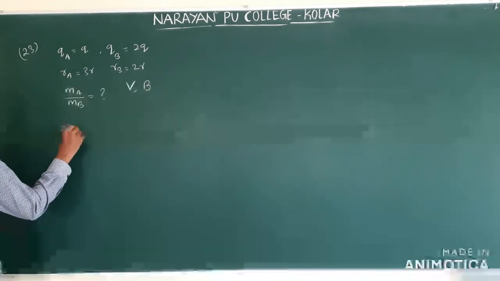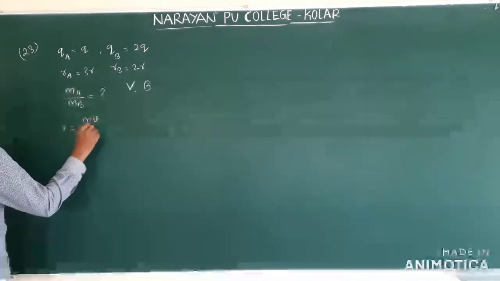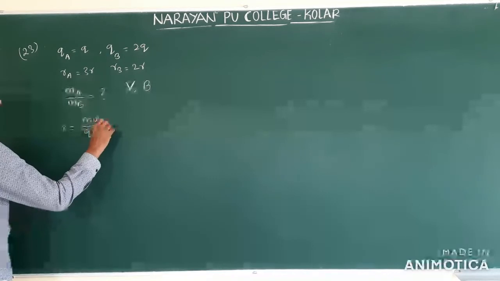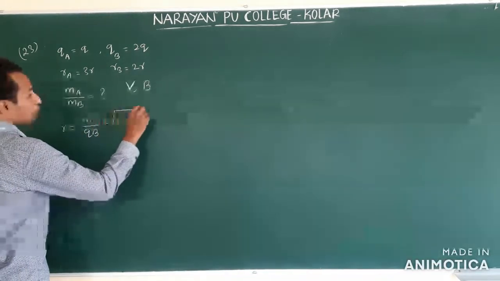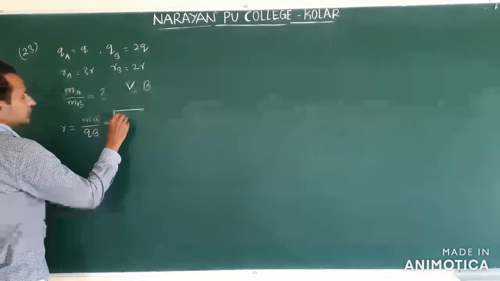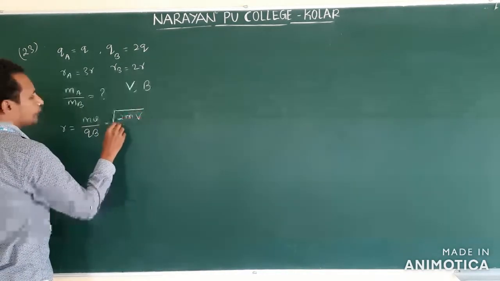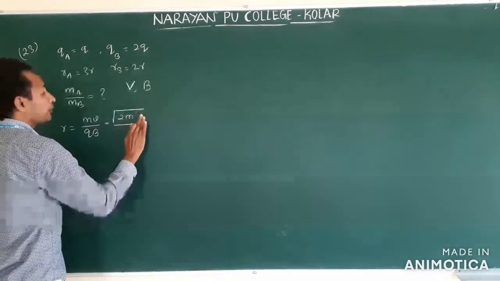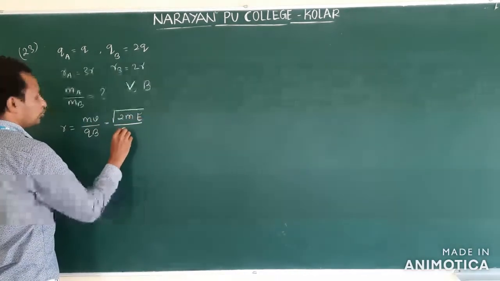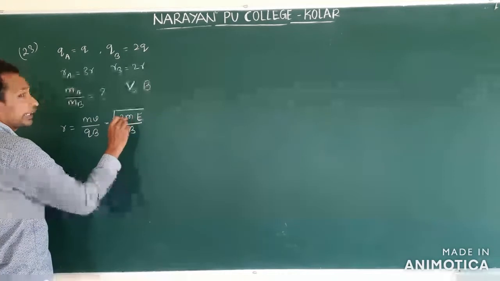The radius equation. R is equal to mv by qB. This mv we expressed in terms of energy, that is, R equals root of 2mE by qB, as we have seen in terms of energy.